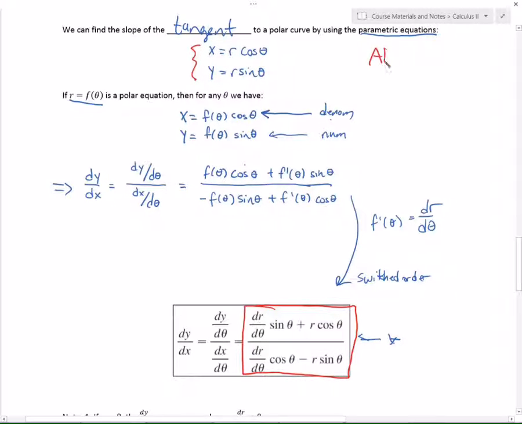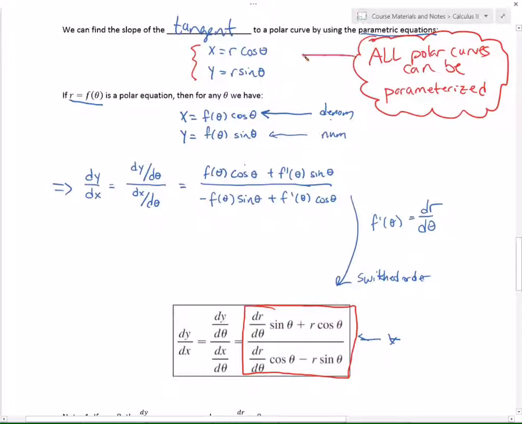Okay? So all polar curves can be parameterized. And that's going to be the key to how we do areas and how we do lengths in 10.4.